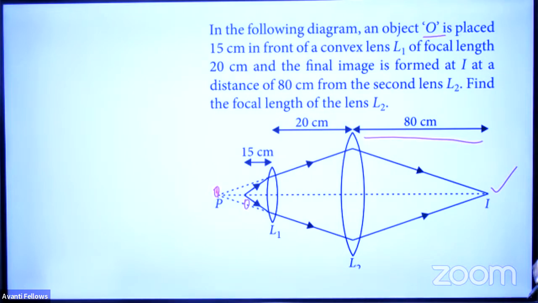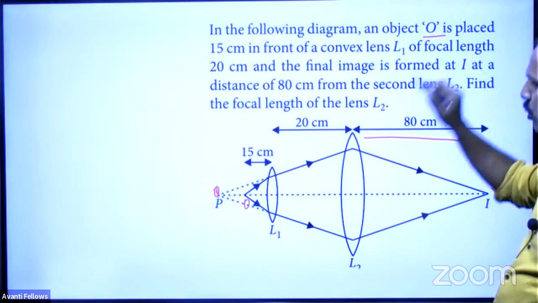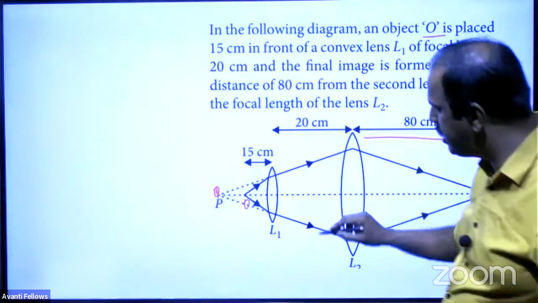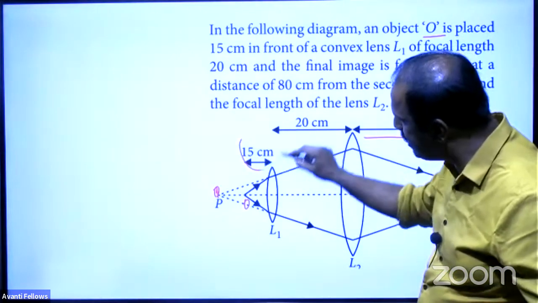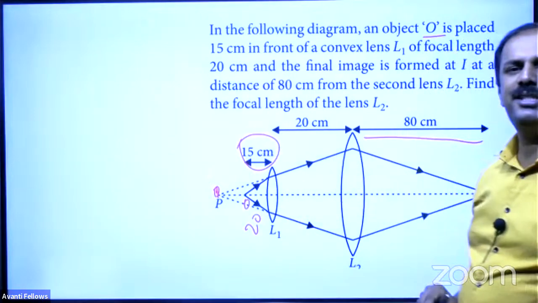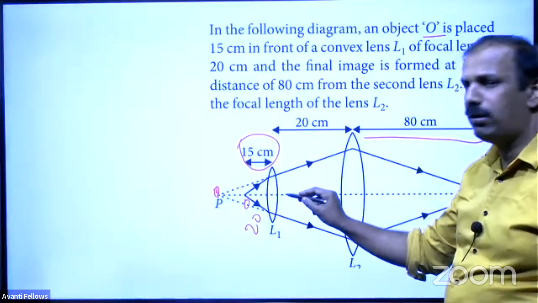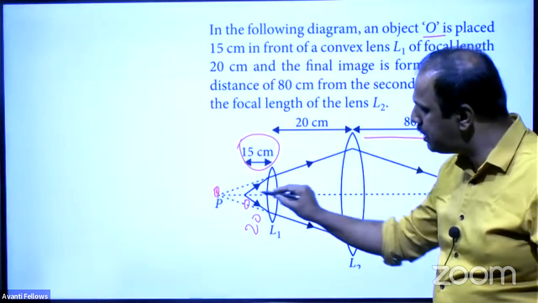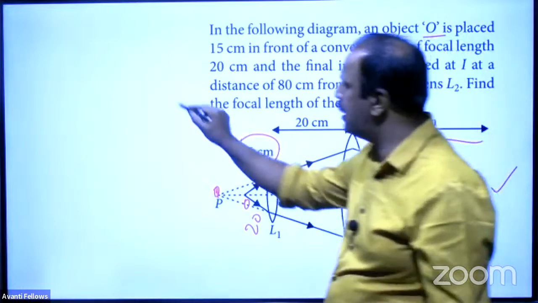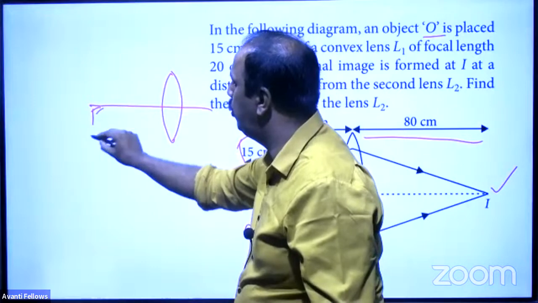So how can you get it? O is placed 15 centimeter from convex lens L1 of focal length 20 centimeter. So the object is kept at 15 centimeter, and its focal length is 20 centimeter. So where is the object kept? The object is kept between the focus and the pole. So the situation is such that you have the lens here, and the focal length F is 20 centimeter.